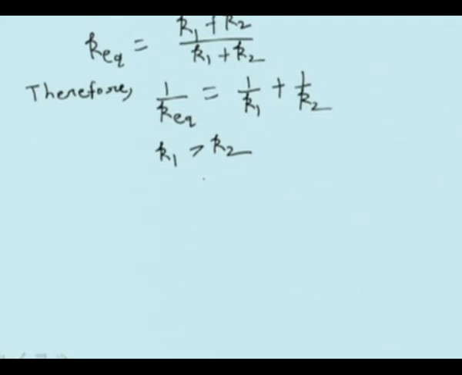Okay, so when the springs are in series, then this is 1 by k equivalent equals 1 by k1 plus 1 by k2. Now let us see, for example, this case.